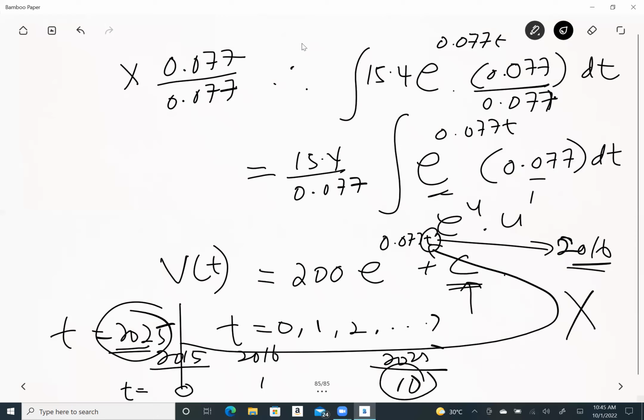But in order to get that, you have to find the constant C. So you use what? Use the value given. They call it the initial value. If you look at the question again, you have the value 200,000 at 2015. So we know that at 2015, the value is $200,000.